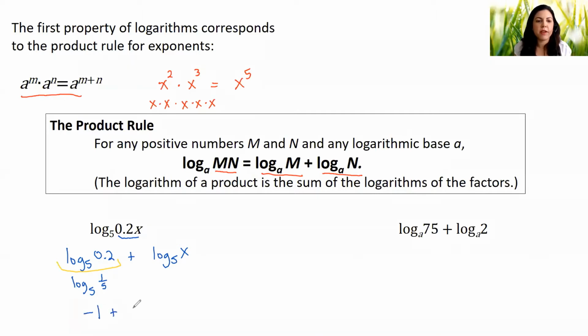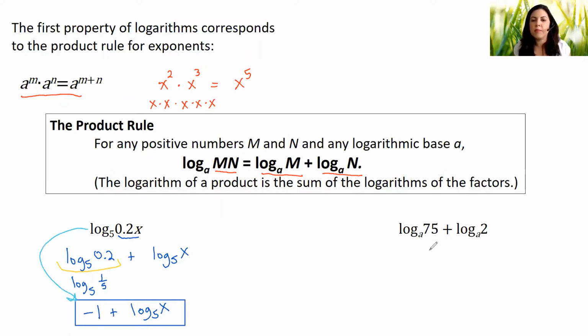So that just simplifies to negative 1. And so by taking that original expression and splitting it up using the product rule, I'm able to get to this simplified answer. I'm able to change this first expression into something that looks very different by splitting up that product.